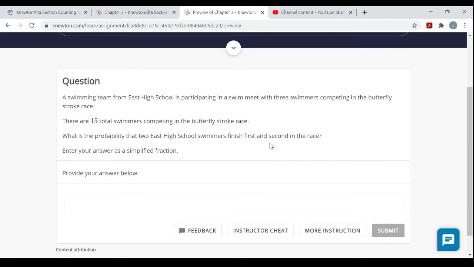But if Tom finishes first and Bob finishes second, that's still 2 East High School swimmers finishing first and second. So the order doesn't matter here. As long as these 2 kids are finishing first and second, it doesn't matter if one's in first or the other's in second. As long as they're finishing in first and second, this event is satisfied.